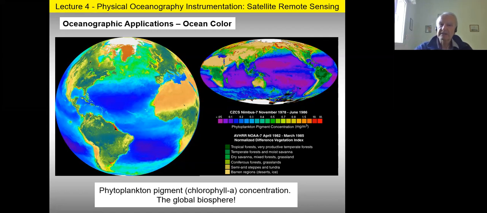You remember that these areas here are the areas of the subtropical gyres.